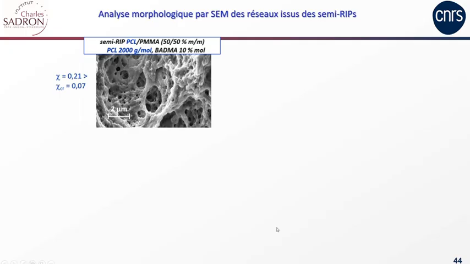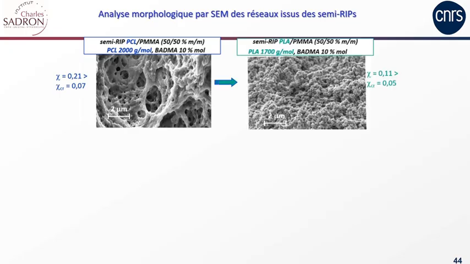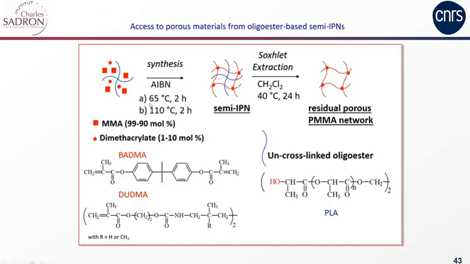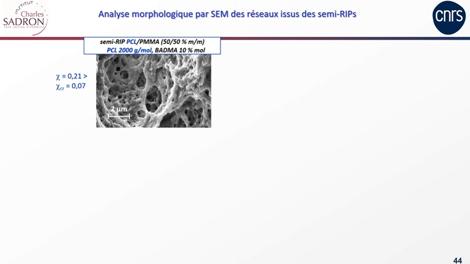So interestingly, we obtain this kind of porous system. So when you use polycaprolactone PCL 2000 with BATMA, so with the aromatic cross-linking agent here, you have a very high incompatibility.